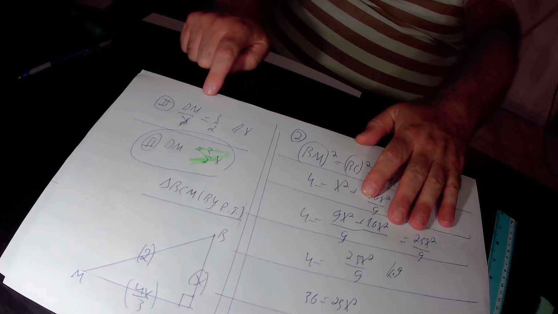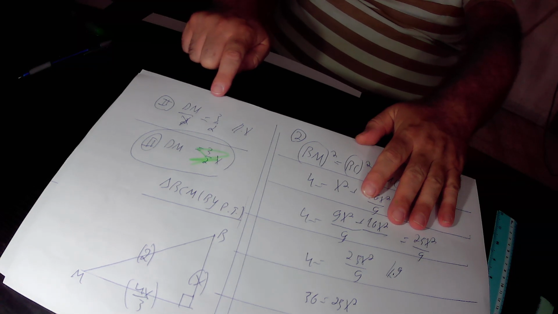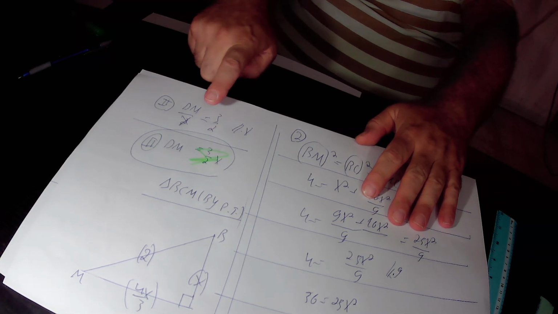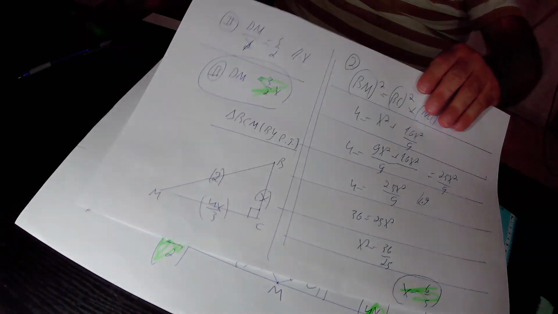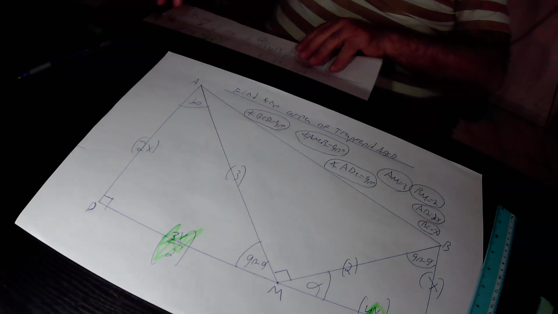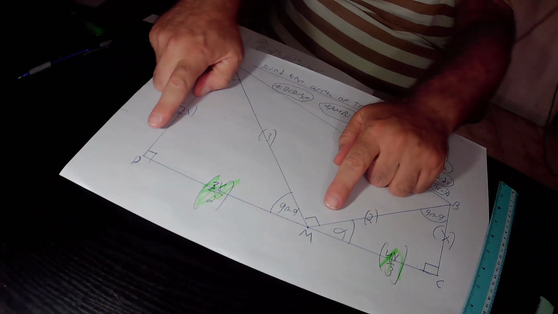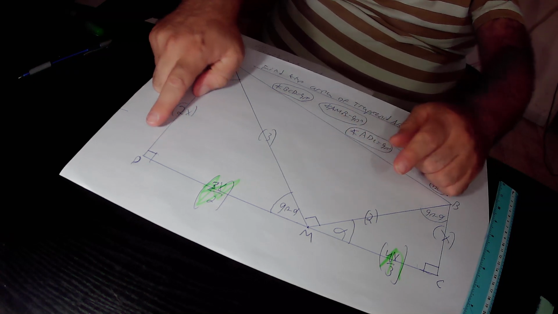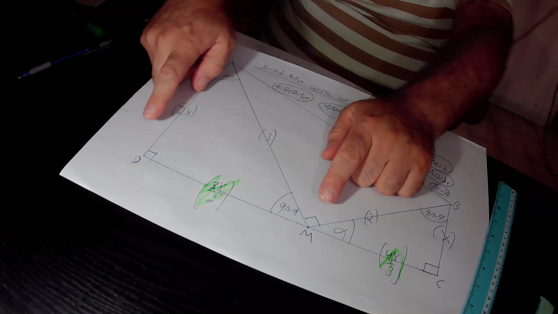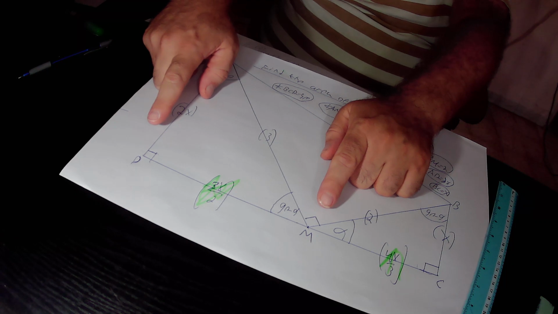If we multiply this equation by x, we find that DM equals 3/2 times x. This is side DM, that equals 3x over 2, or 3 halves times x.